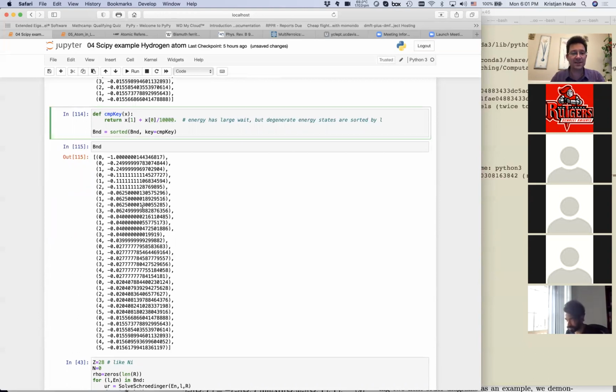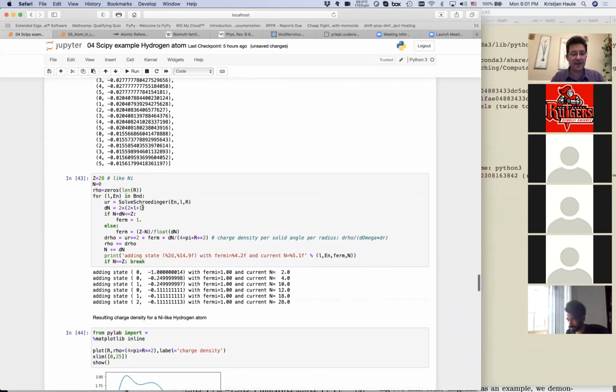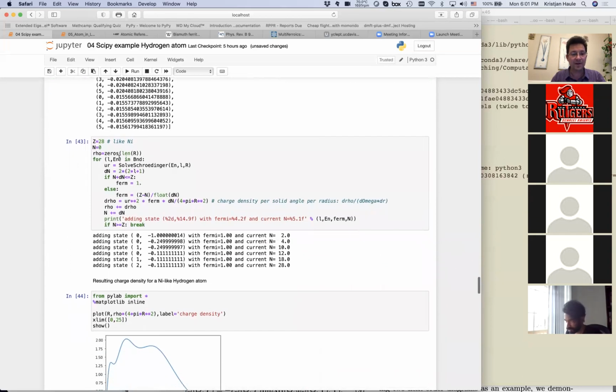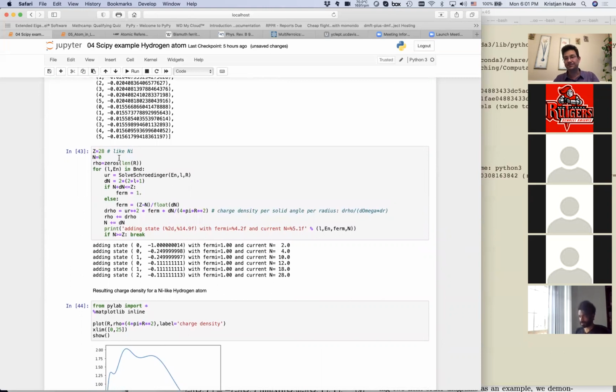So our bound states are sorted according to energy, and now you want to put together enough states, fill enough states so that you get the charge density for an atom. Okay, so here I wanted you to do the homework. In the online version of this code, I did not put the very last part of the code because I hope that you can finish it yourself and then submit the homework.